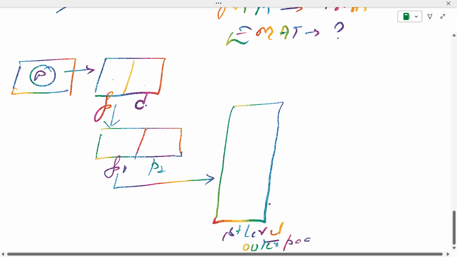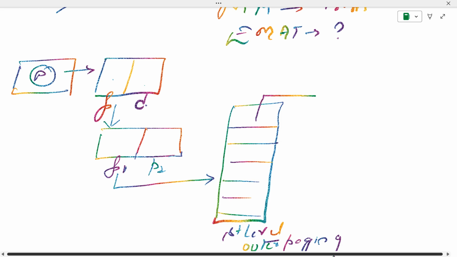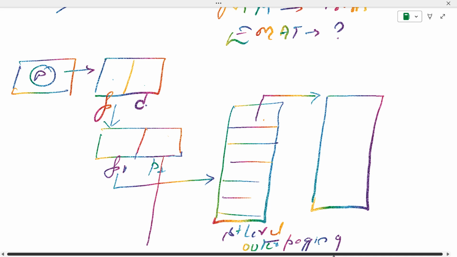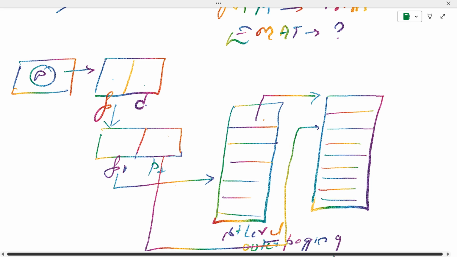Okay, so it contains the number of pages of the page table, and from here we can find the base address of the page table that we want to access. Now P2 will contain the page offset of this particular page that we have fetched, and from here we are going to get the frame number corresponding to the page.